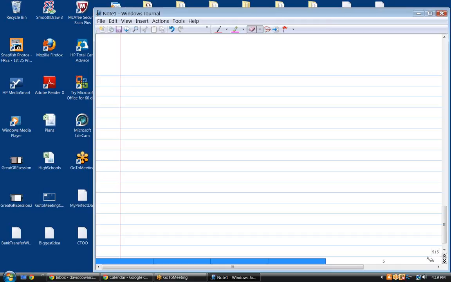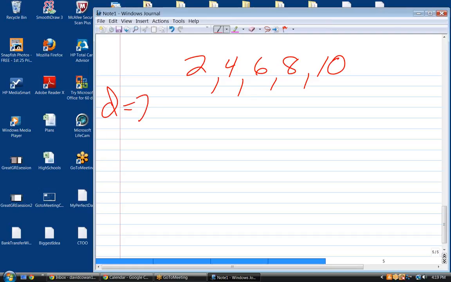Now, let's talk about the arithmetic sequence, as long as we're talking about sequences. If I write a sequence like this, each of these is separated by a common difference. D equals 2, the first term equals 2.